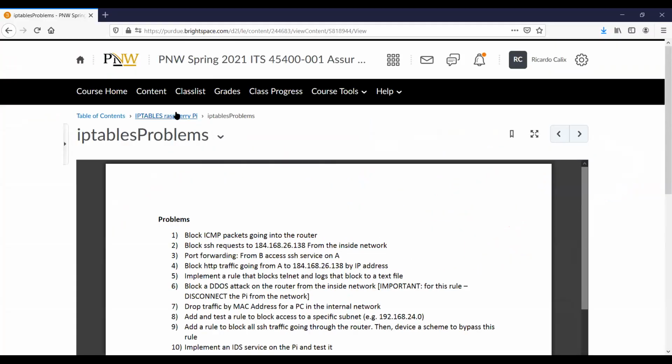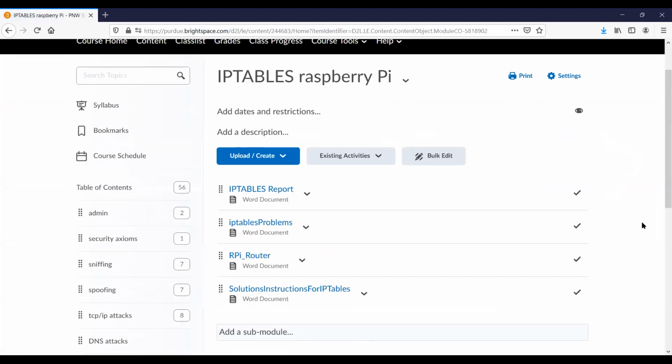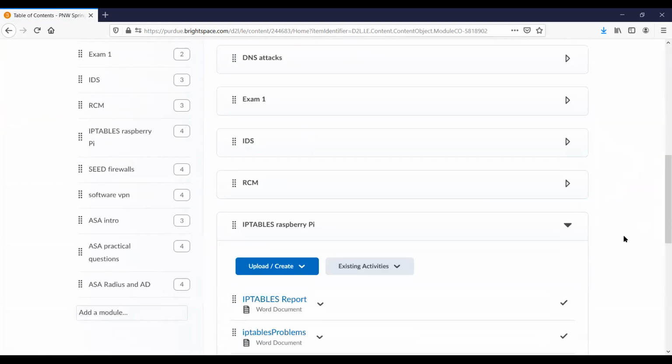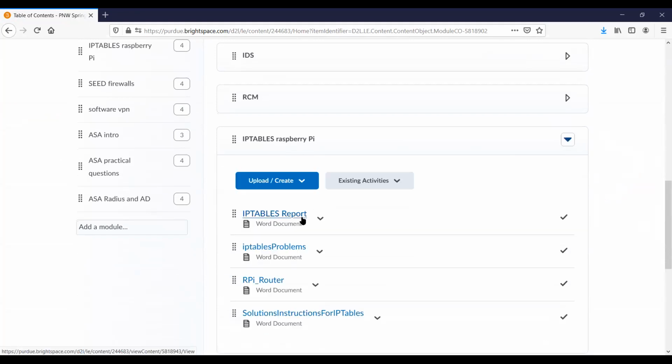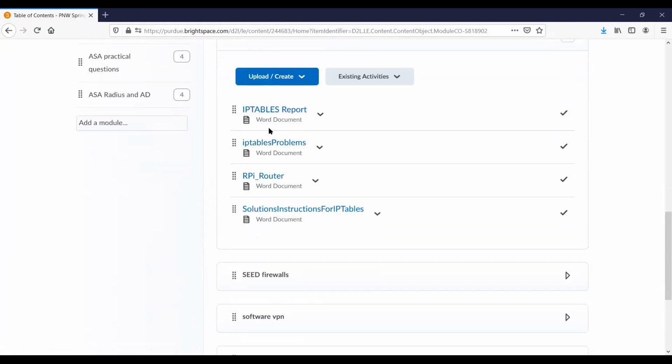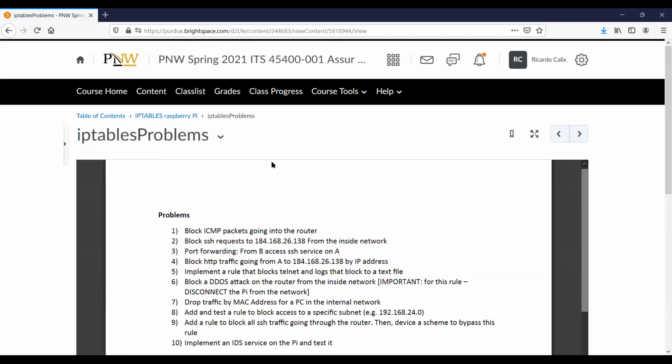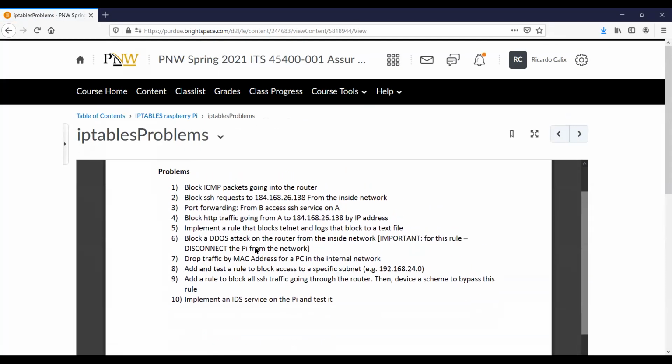All right, so that wraps up the first link I'll post for the homework. As you can see, in summary, in this module, I will add a link and it'll just relate to IP tables. And the problems that I want you to work on are these basic ones, okay?